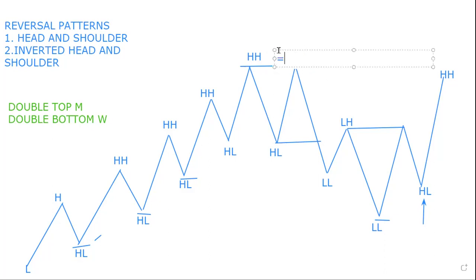We have a high that is equal to this high. So this is called a double top. Okay, so this occurs almost every time in our chart. So this is a double top. Then we have a series of downtrend.